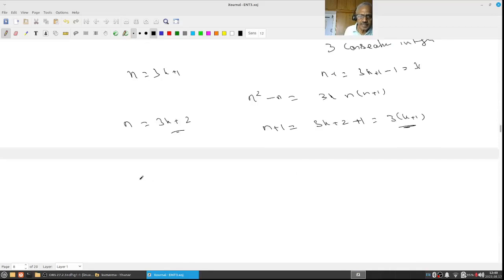Therefore my n squared minus n will be n into n minus 1 into 3 into k plus 1. N also you can substitute, I don't want to do that. So what I have shown? I have shown 3 divides n squared minus n for any natural number n. Pause, review, proceed.